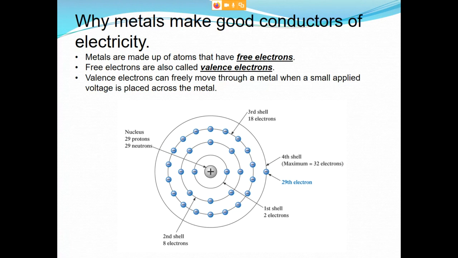So carbon is what we call a semiconductor. It can't make up its mind. It's like, I could either just dump these 4 electrons or grab 4 more. I could kind of go either way, and that's why carbon is a semiconductor. It's not a great conductor, but it's also not a great insulator.